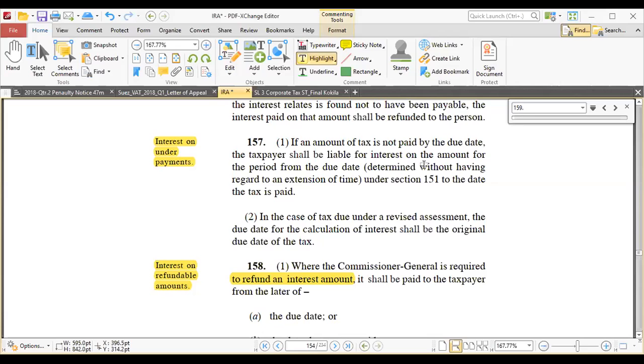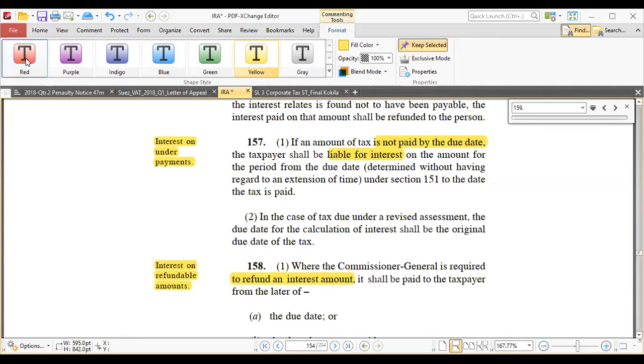In that case, if not paid by the due date, we are liable for interest on the amount from the due date. Very important. Liable for interest from the due date. Interest is from the due date.